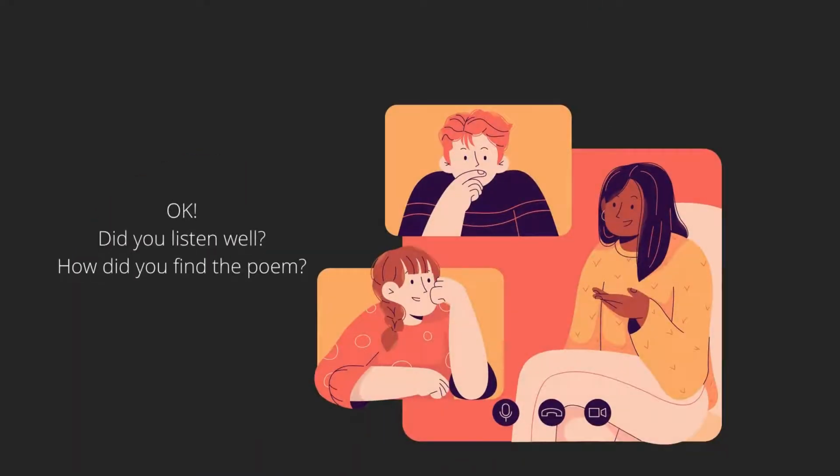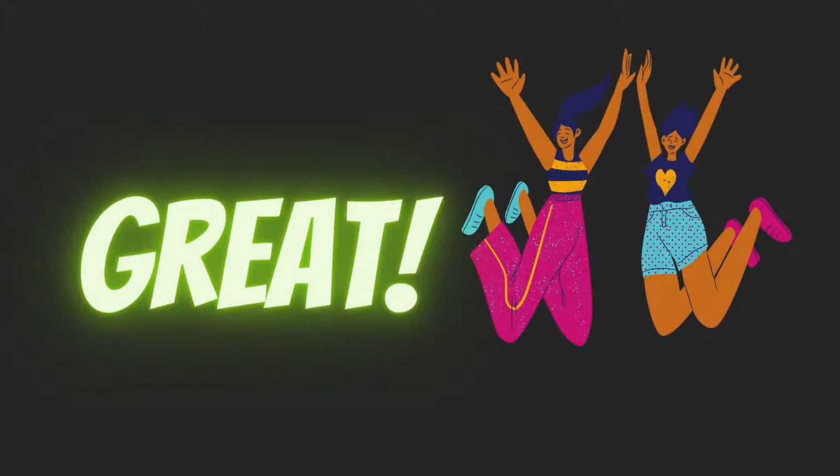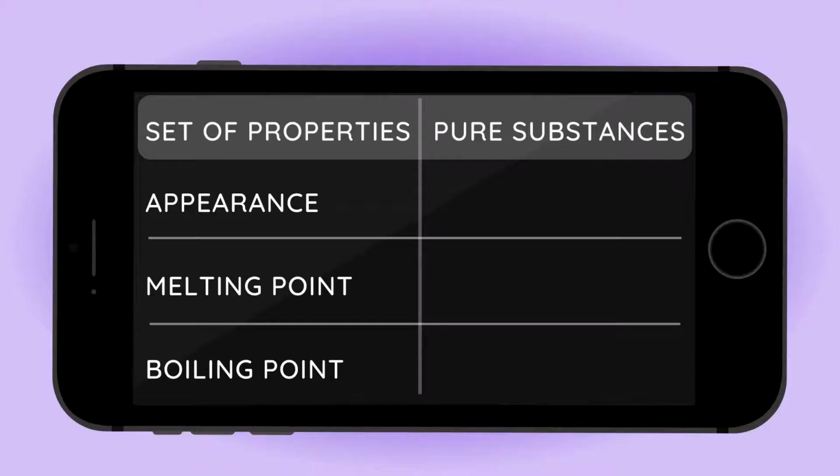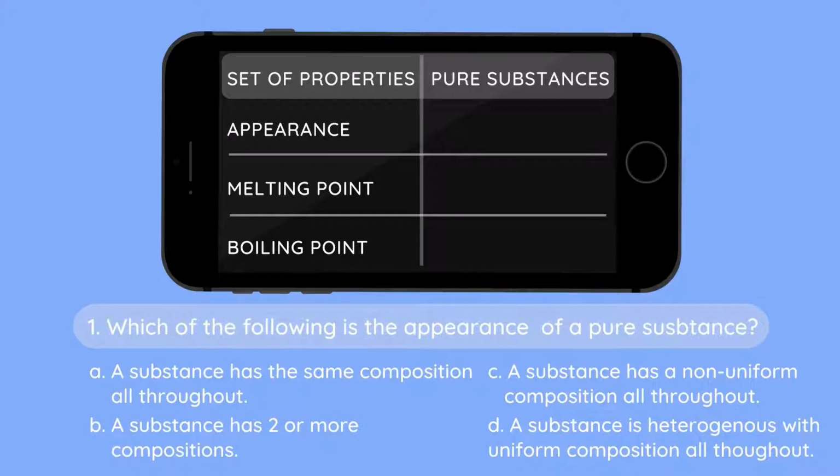Okay, did you listen well? How did you find the poem? Great! Let's answer the following questions. Question 1. Which of the following is the appearance of a pure substance?